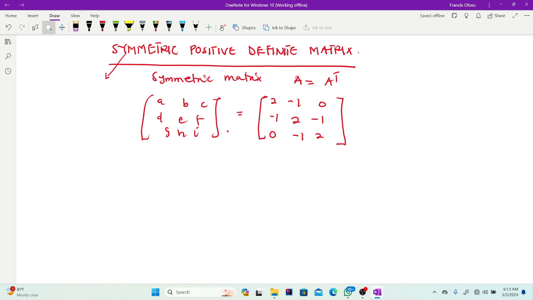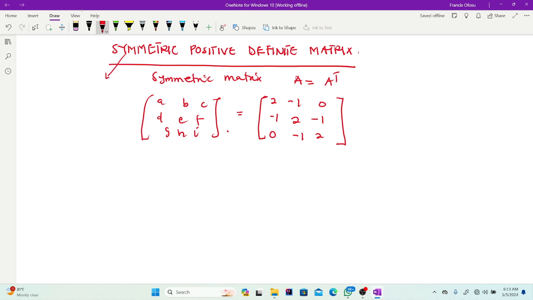When I take the first row, I have 2, negative 1, 0, and it's the same as my first column: 2, negative 1, 0. When I take this second row, it's the same as my second column.